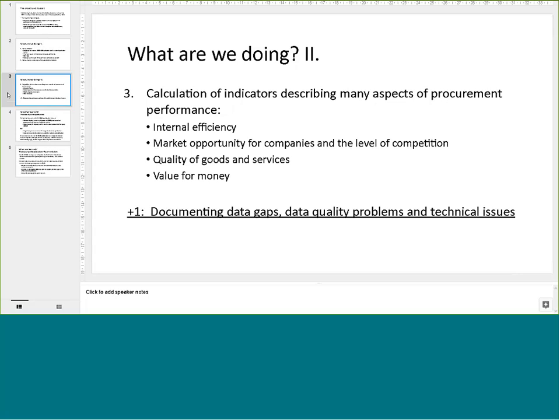But it's way more important that we have this extra task. So we document every technical issue, data gap, and data quality issue which prevents us from calculating the indicators we think would be necessary for a really robust analysis with comparable results. We also take notes if accessing and using the data seems to be unnecessarily complicated, and such issues.